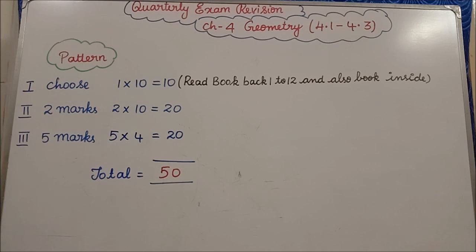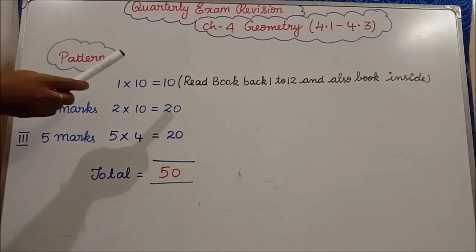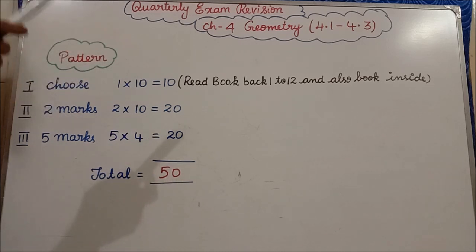Now first we will see the question paper pattern. The first subdivision is choose. You will be having 10 choose, and you have to attend all the 10. For these, you are going to learn from the book back. In chapter 4, you will be having book back choose.